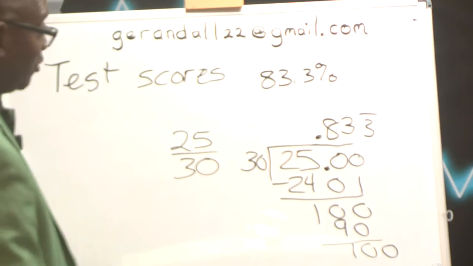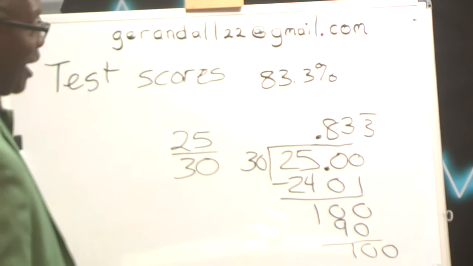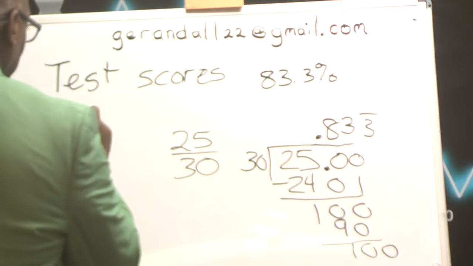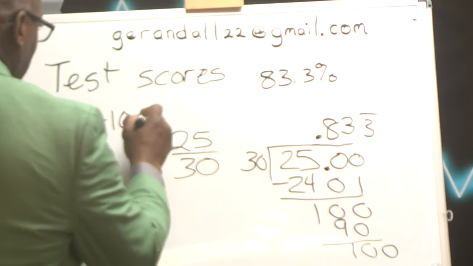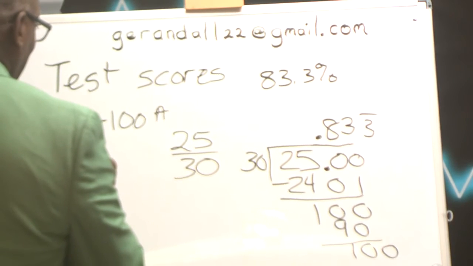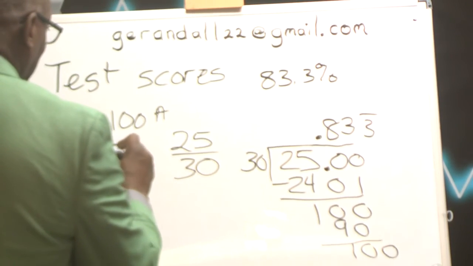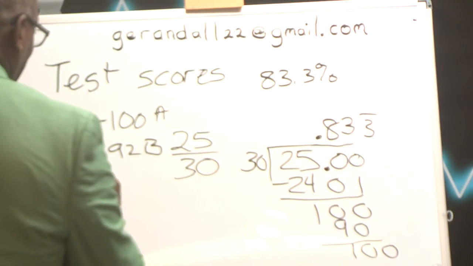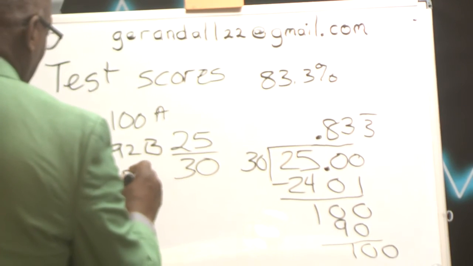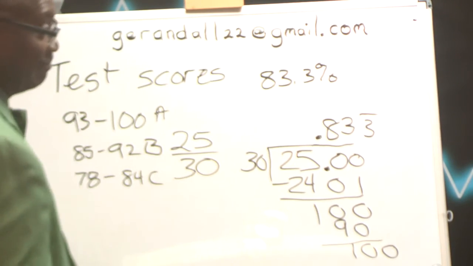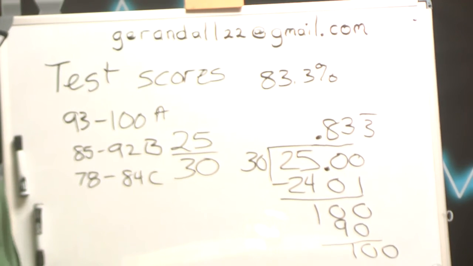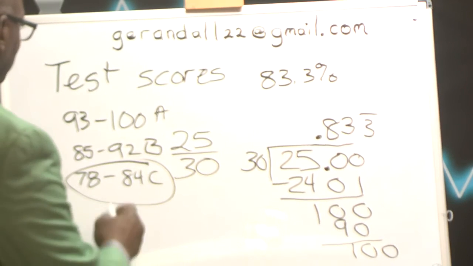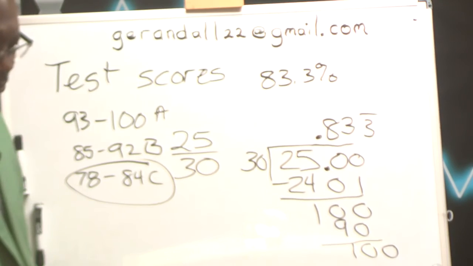Depending on the school you go to, if you go to a parochial school, you're not happy with this grade unless you like C's, because in most parochial schools, 93 to 100 is an A, 85 to 92 a B, and 78 to 84 a C. And on that particular test, you got a C. Now, of course, in public schools, that would have been a B. And you would have been happy with that.